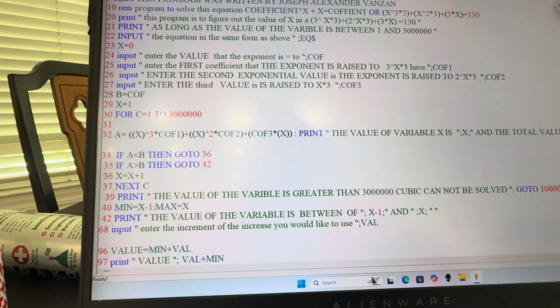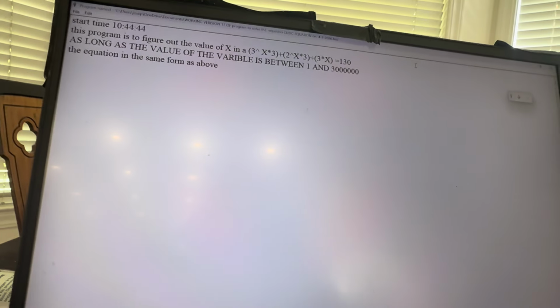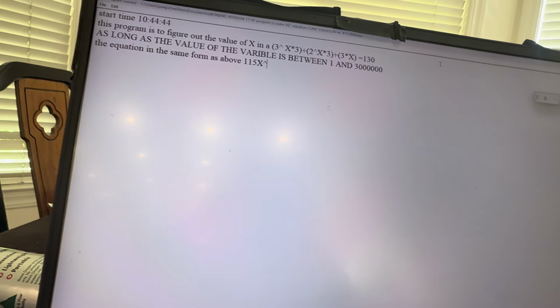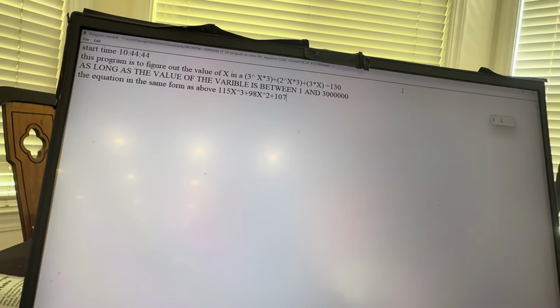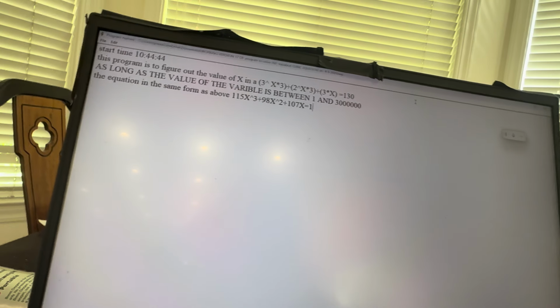We'll do the same one again, this one with the correct amount for the coefficient. 115x raised to 3 plus 98x squared plus 107x equals 113,000.